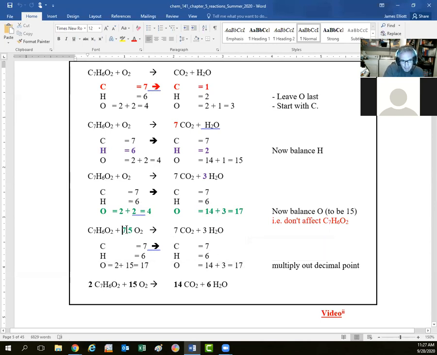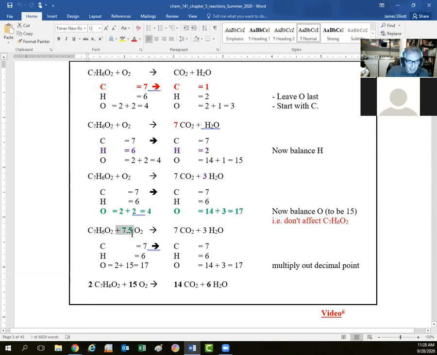But it does leave us with this nasty fraction, this decimal place in our answer. And remember, we don't allow for fractions or decimal places in the final answer. So our usual trick is to double through by 2 to get rid of that decimal place. So instead of 1 molecule, we have 2.